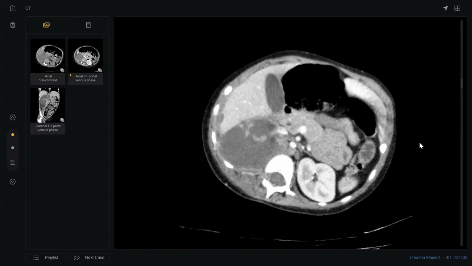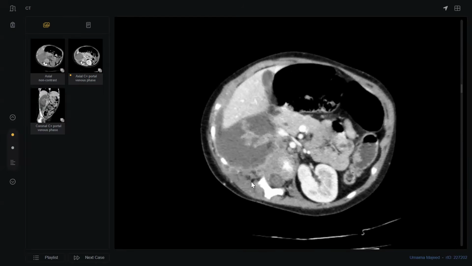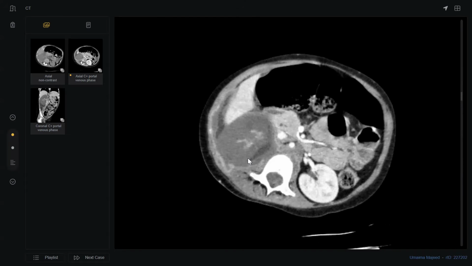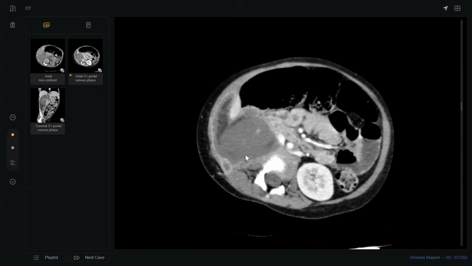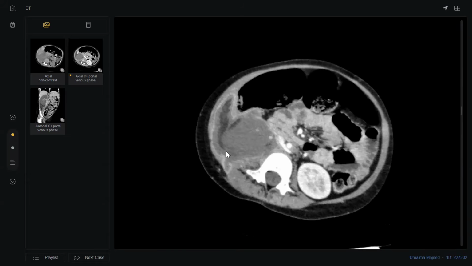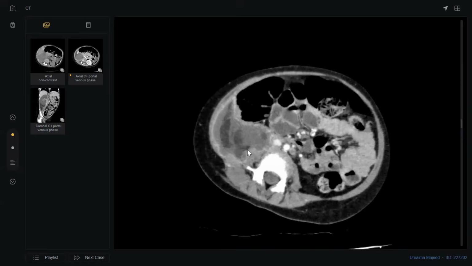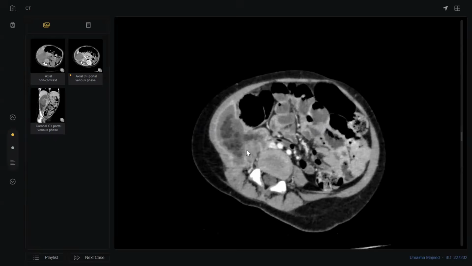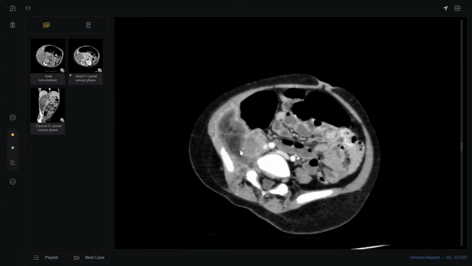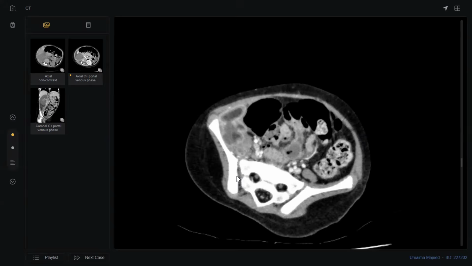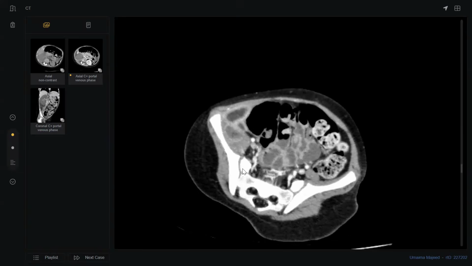The changes are extending into the right chest wall muscles and inferiorly along the right abdominal wall till the iliac fossa. It also extends into the posterior back muscles in the pelvic region.